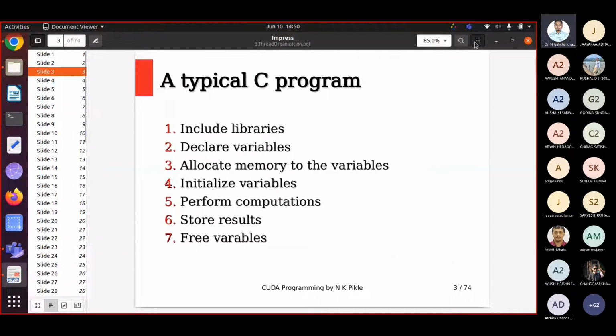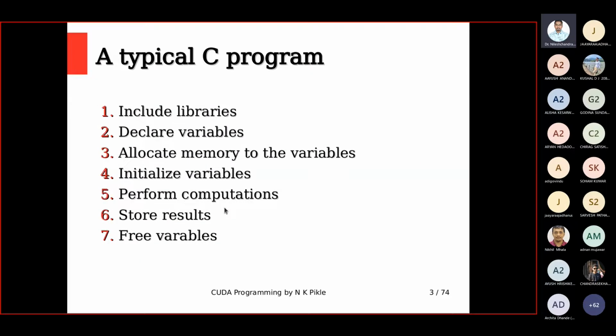Those who are familiar with C programming know these are the typical steps we follow, no matter which program you are writing. First of all, we include some libraries, declare variables, then allocate memory to those variables, initialize them, perform computation, store the results, and free the variables. Whatever program you write, any computation, we follow these steps.